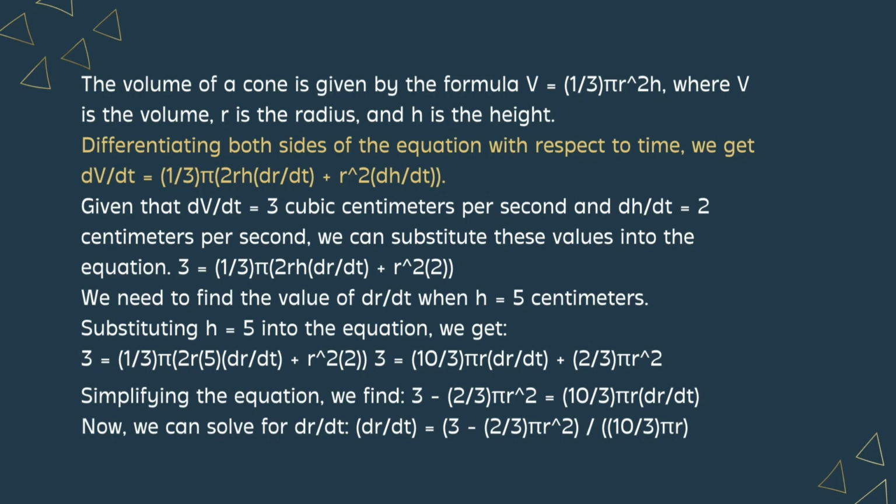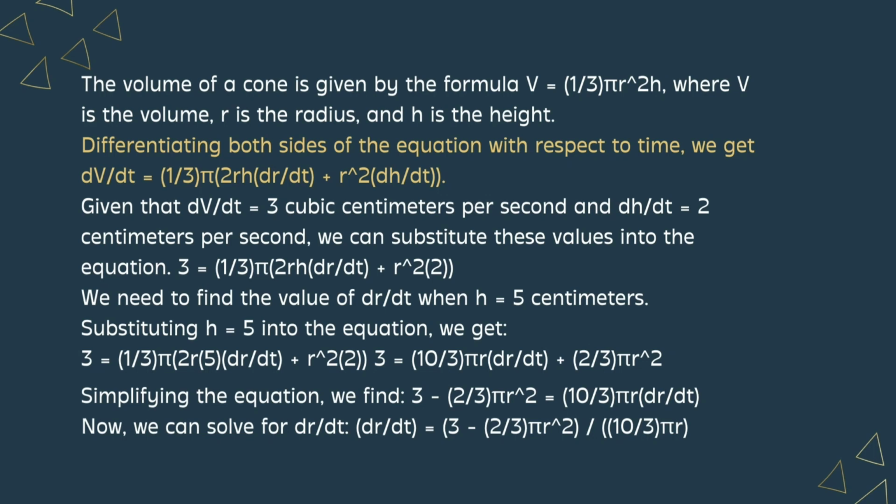Given that dV over dt is equal to 3 cubic centimeters per second and dh over dt is equal to 2 centimeters per second, we can substitute these values into the equation. 3 is equal to 1/3 pi times 2rh dr over dt plus r squared times 2. We need to find the value of dr over dt when h is equal to 5 centimeters.